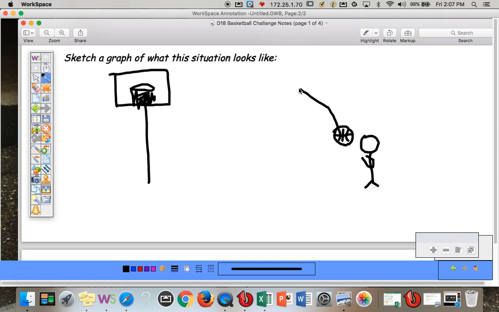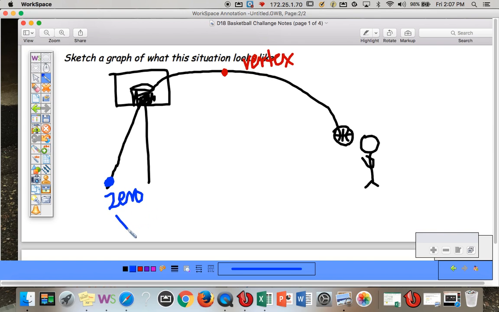Okay, so he takes a shot, it's going to go up and then go down. All right, so there's key points to this right here. His release height, we have this vertex right here. And then we have when the ball hits the ground. Okay, so this would be a 0 or an x-intercept.